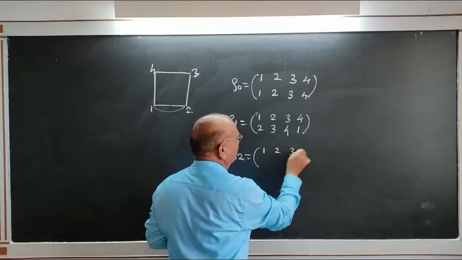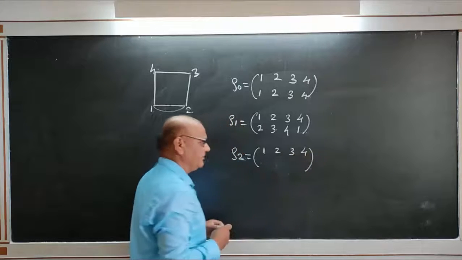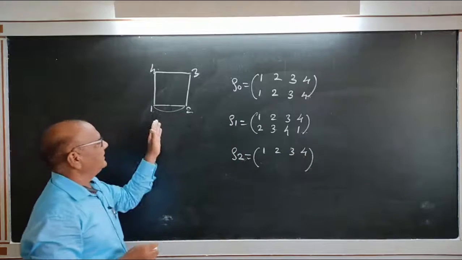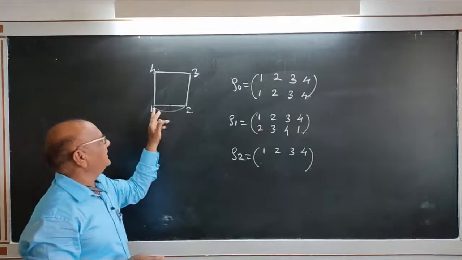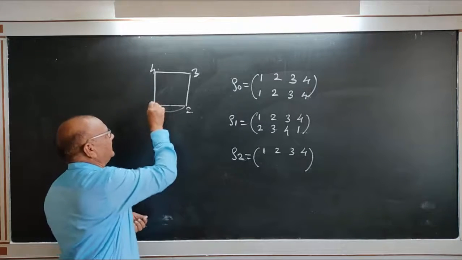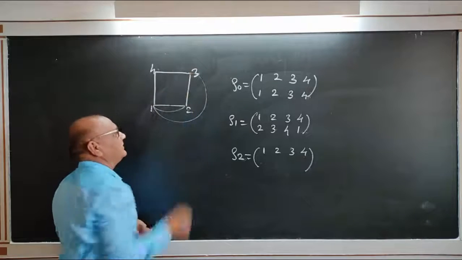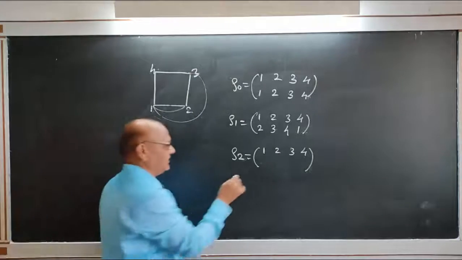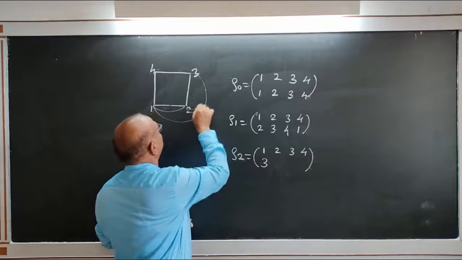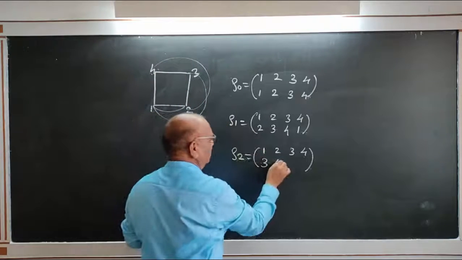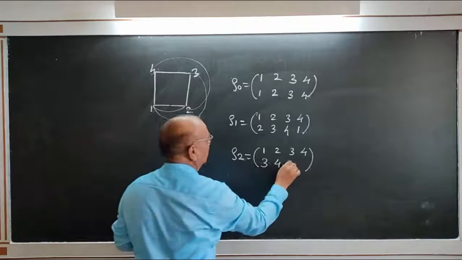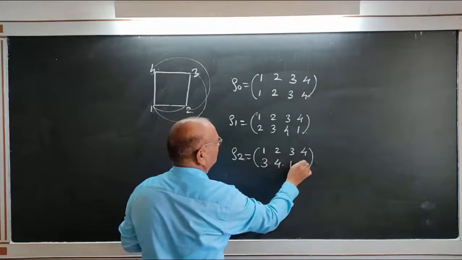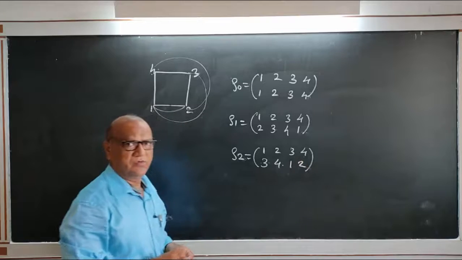Rho 2 is a rotation through an angle of 180 degrees. Then 1 goes to 3, 2 goes to 4, 3 goes to 1, and 4 goes to 2.